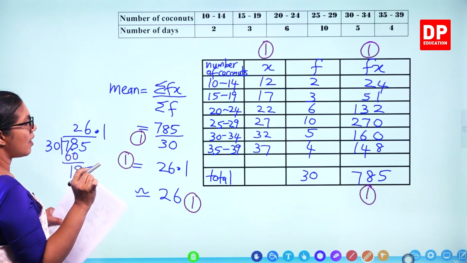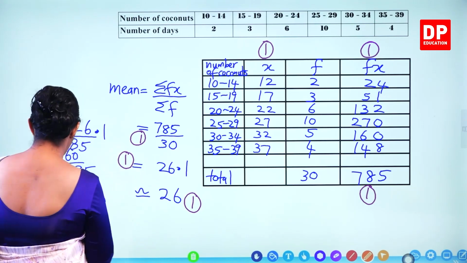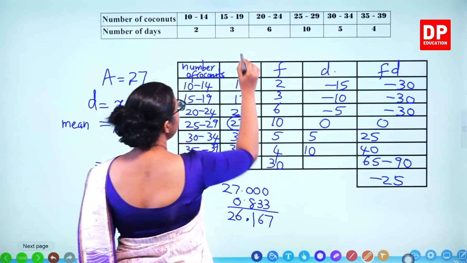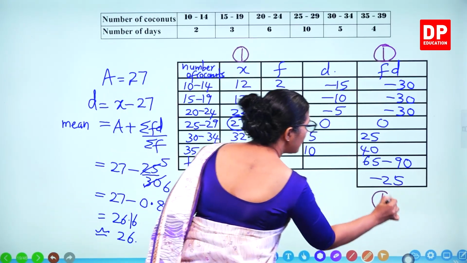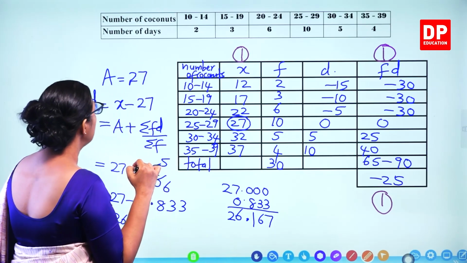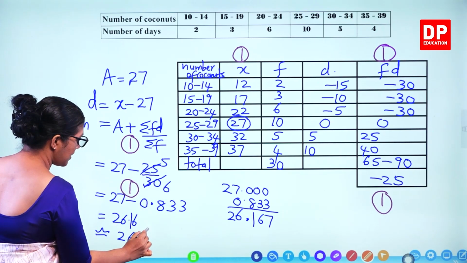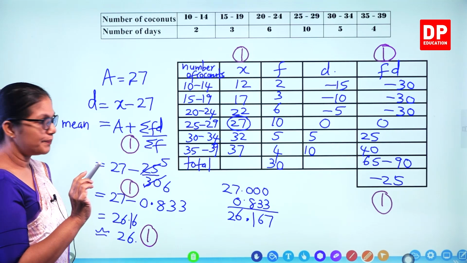So 6 marks for finding the mean value. So here also 6 marks: finding the mean value, FD column, total FD, using the formula and finding the final value. So 6 marks for that.